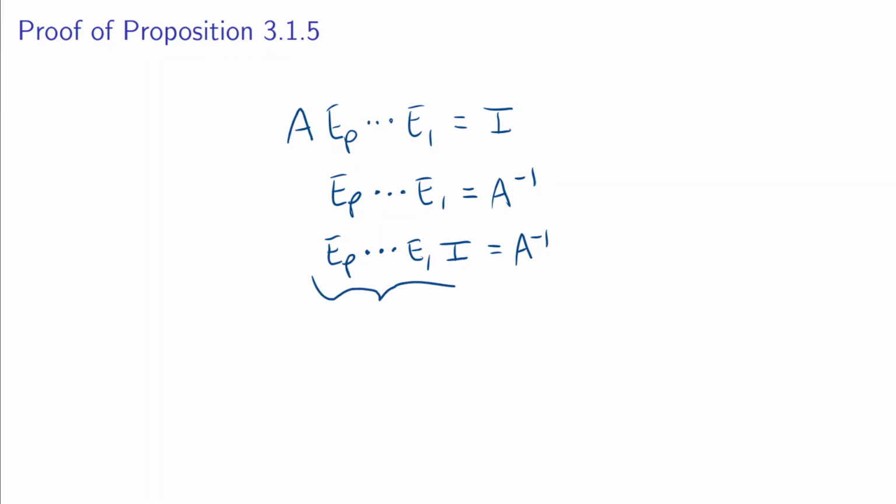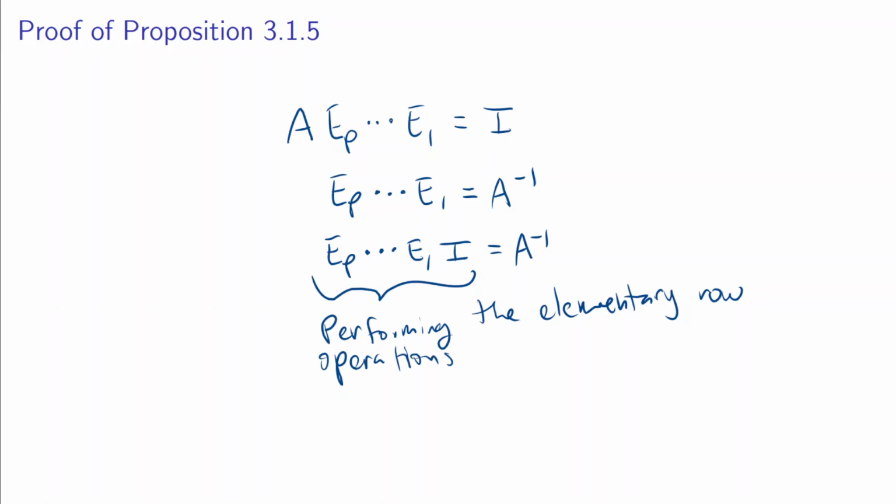And so we can think of this left-hand side here as performing the elementary row operations that correspond to E1, E2, up to EP on the identity.